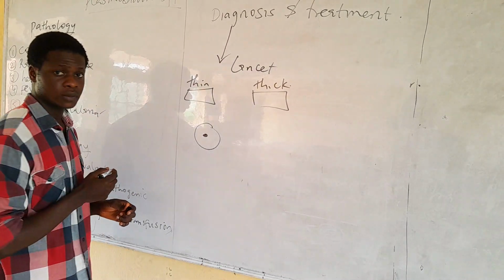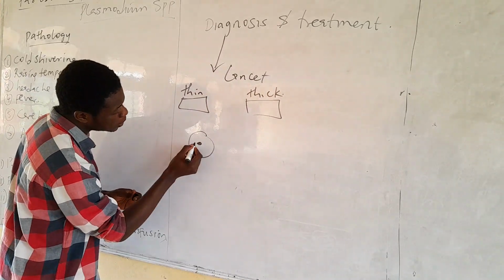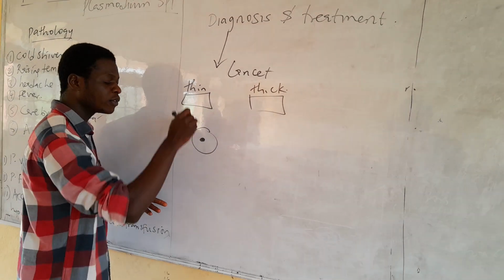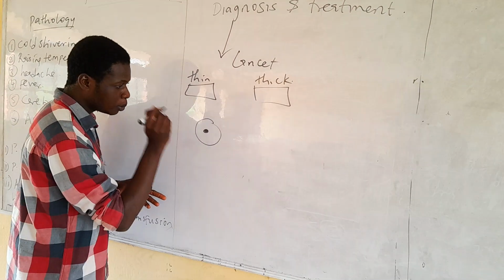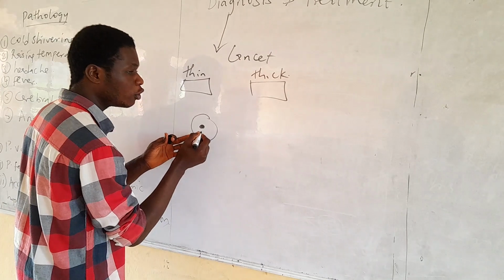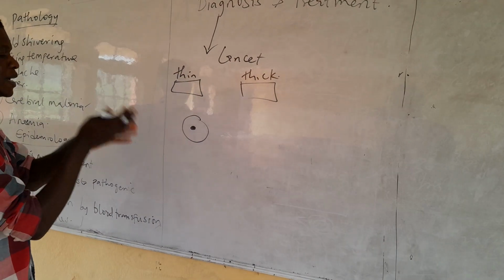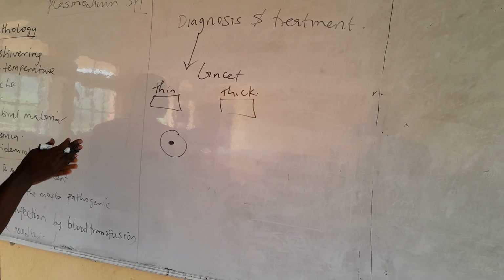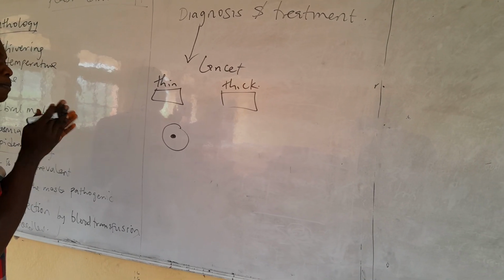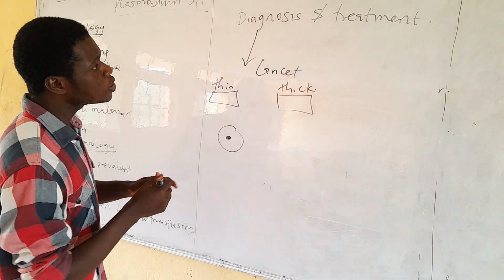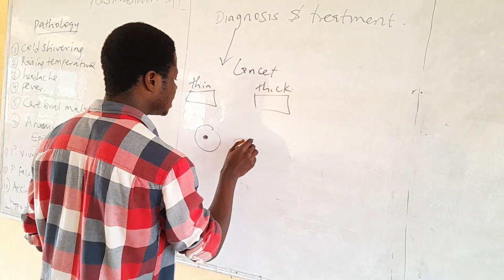Assume that this is the blood vessel. When you view a dot at the center of the blood cell, you know that the patient is suffering from malaria parasite, or is having this infection.